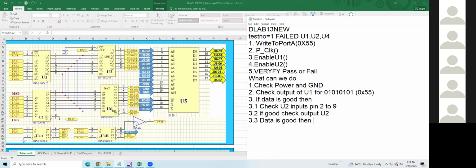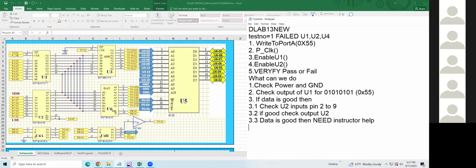That means you see output U2 okay, how come they fail? So you need the instructor. Okay? So that really makes it clear when it failed at that one.